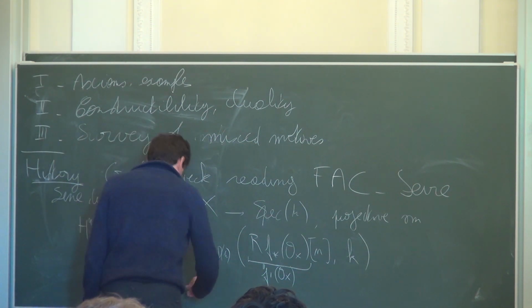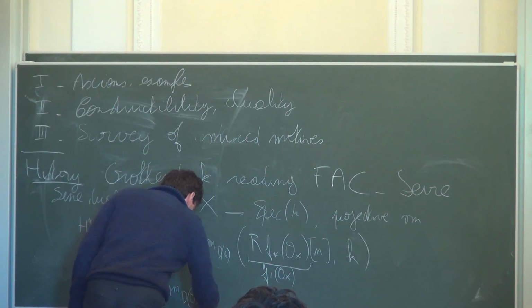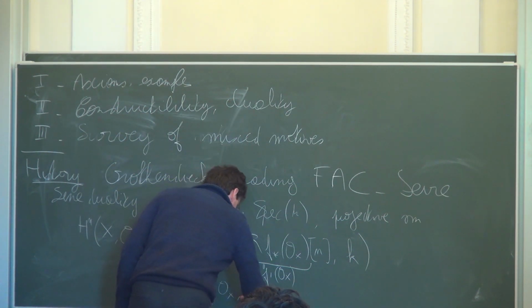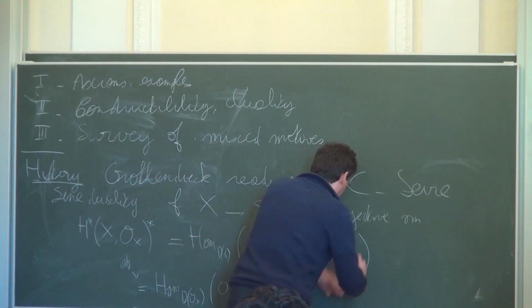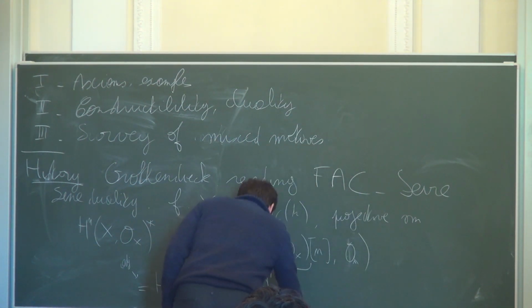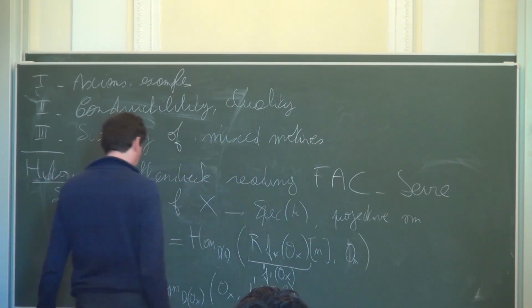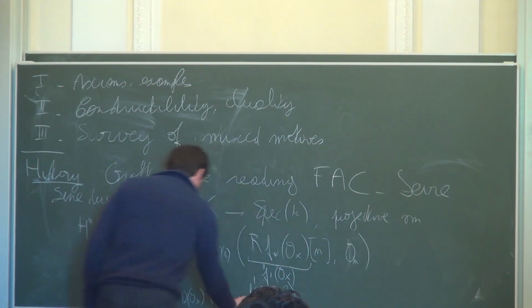So f lower shriek admits an adjoint, and you compute this time in the derived category of O_X-modules, the f upper shriek of, let's write O_K, and here this is minus n.